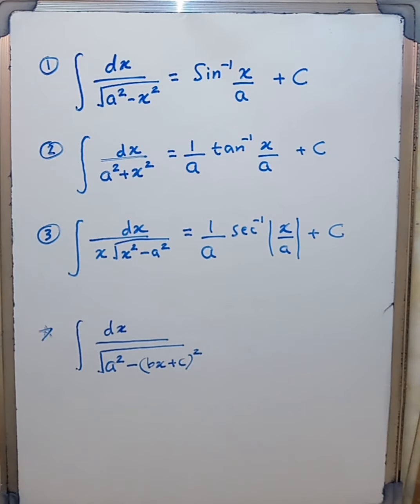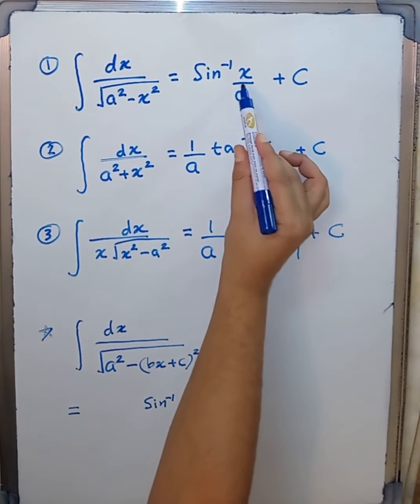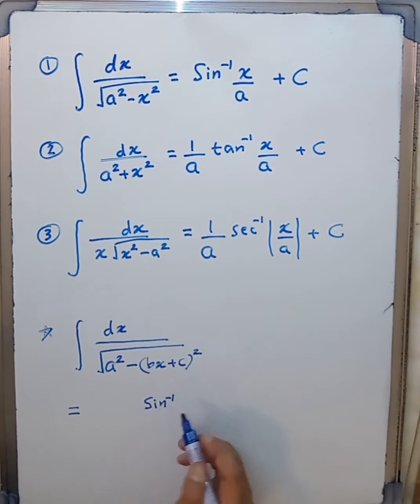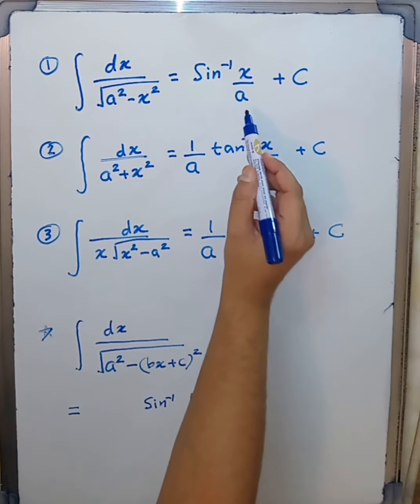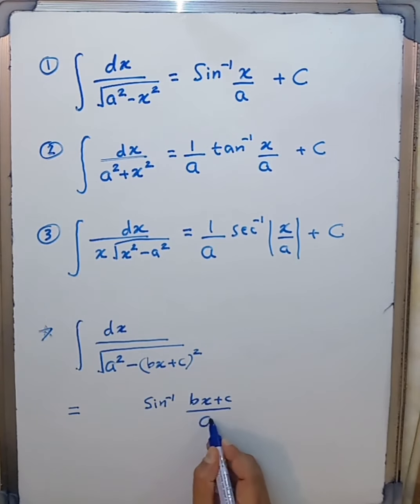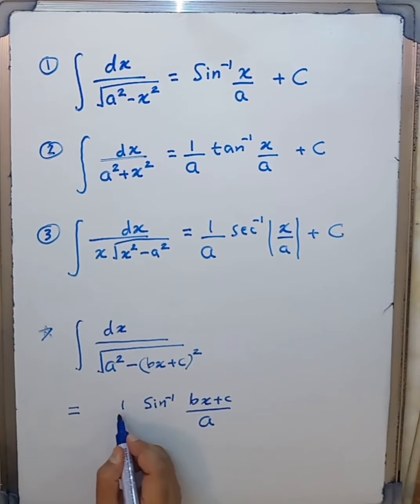As we discussed that the formula will remain valid, therefore this will be equal to sine inverse, in place of x we will have bx plus c divided by a, and the whole formula we will divide by b. Plus the constant of integration.